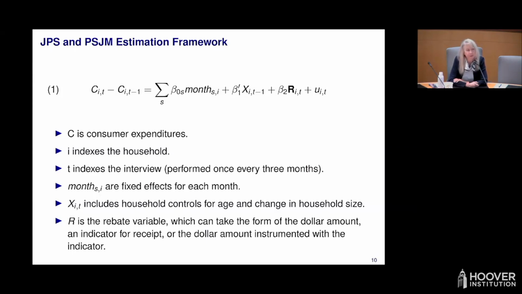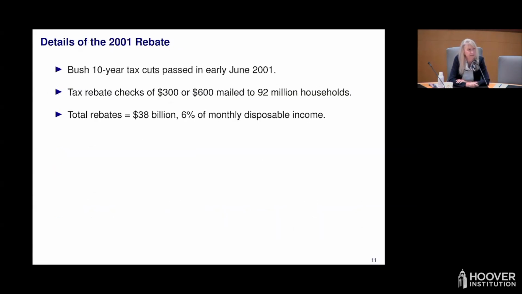And then they have this rebate variable, which can take the form of the dollar amount, an indicator for receipt, or the dollar amount instrumented with the indicator. So they run it several ways. And the idea is that it is for the most part exogenous, because the timing is based on the last 2 digits of your social security number, although it does cut out at several income levels, but I won't get into that detail here.